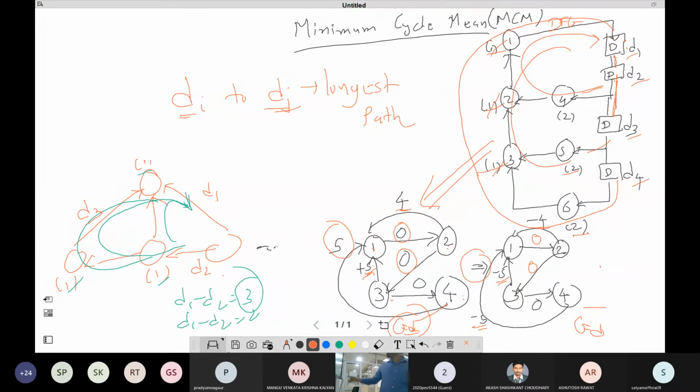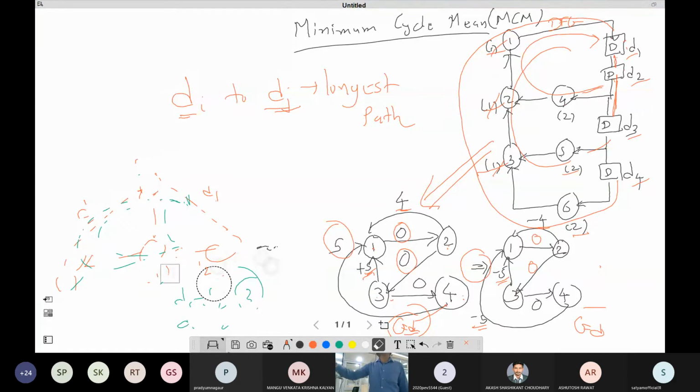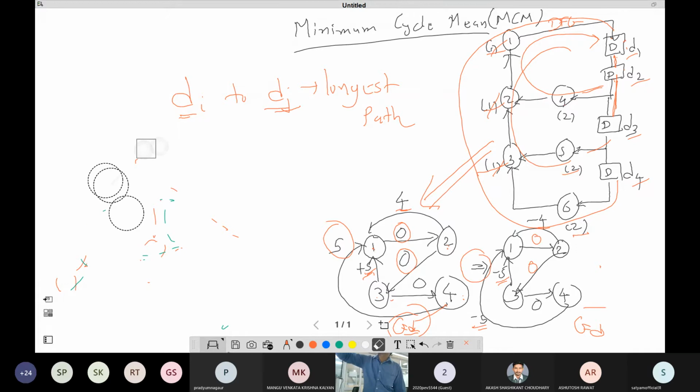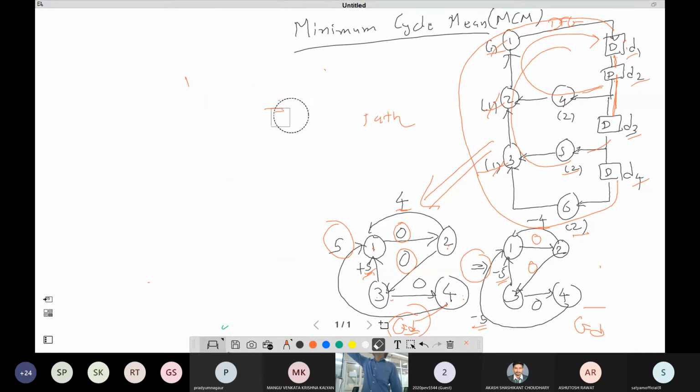Now you need to construct... there is also a mathematical model here.